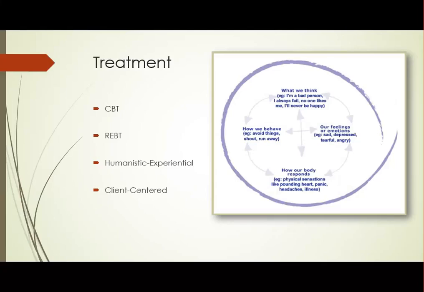Then there are the humanistic experiential therapies, which assume we have freedom and responsibility to control our own behavior. We can reflect on our problems, make choices, and take positive action. And there's client-centered therapy, which was developed by Carl Rogers, focuses on natural power of the organism, which is the patient, to heal him or herself.